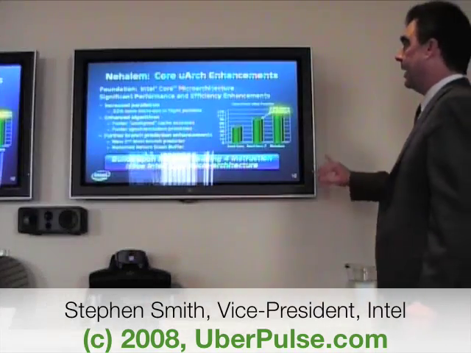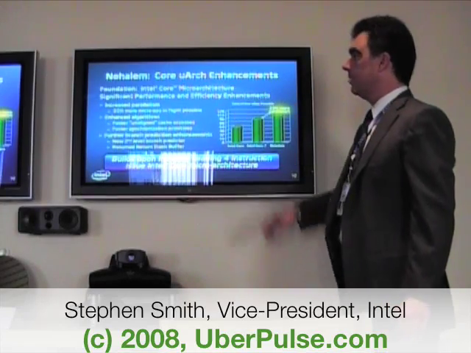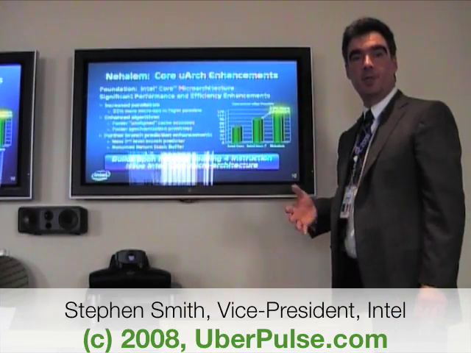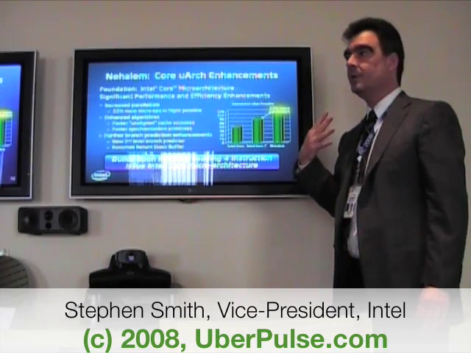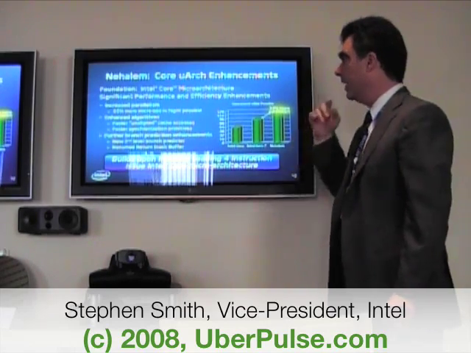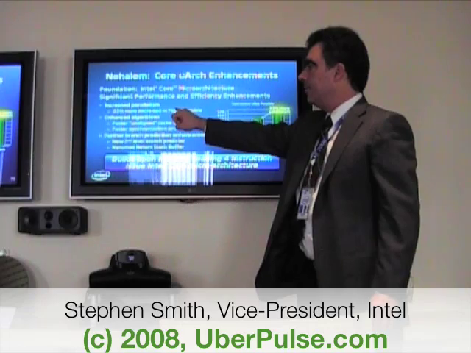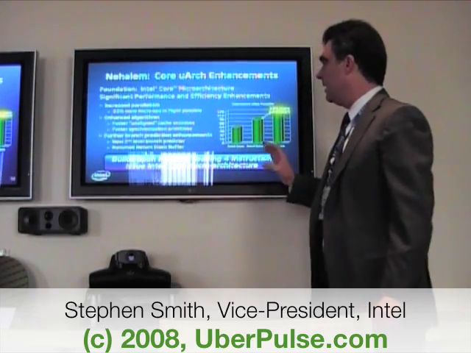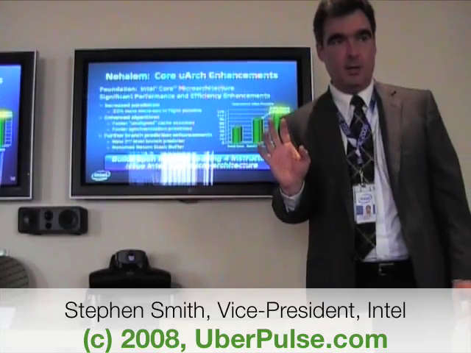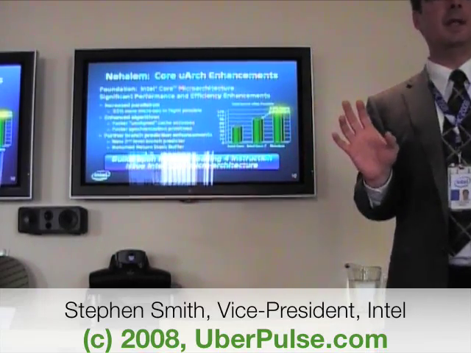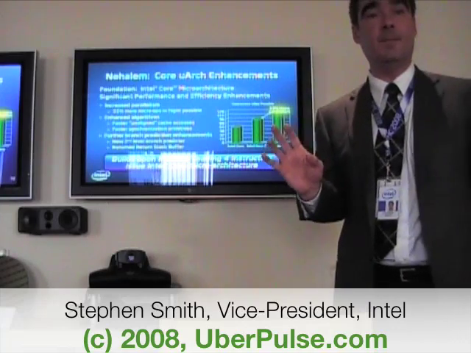The microarchitecture enhancements, again, are based on the core microarchitecture, so it's that 4-issue machine, captures all those learnings, makes them better in the following ways. Increased parallelism, this is 33% more micro-ops in flight. What that means is that we have some hardware, some logic, that can deal with the out-of-order nature of the machine.